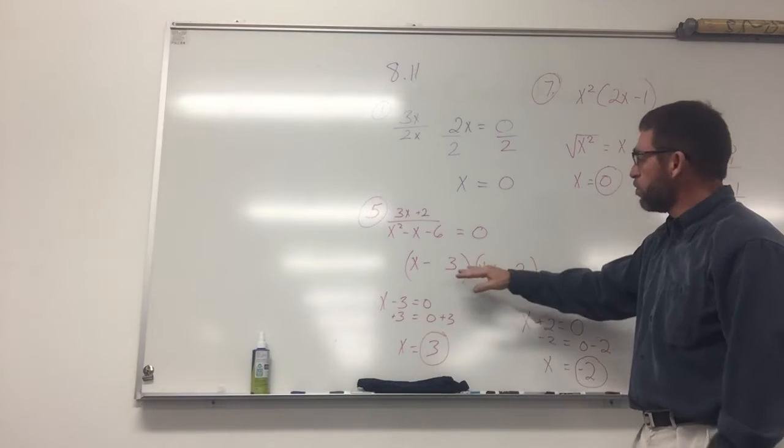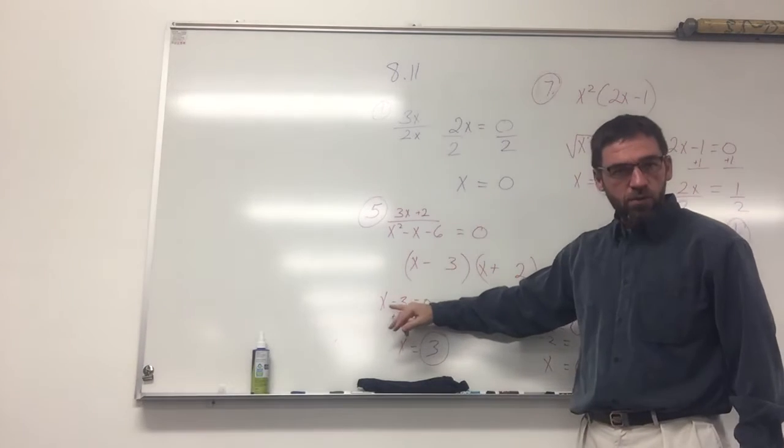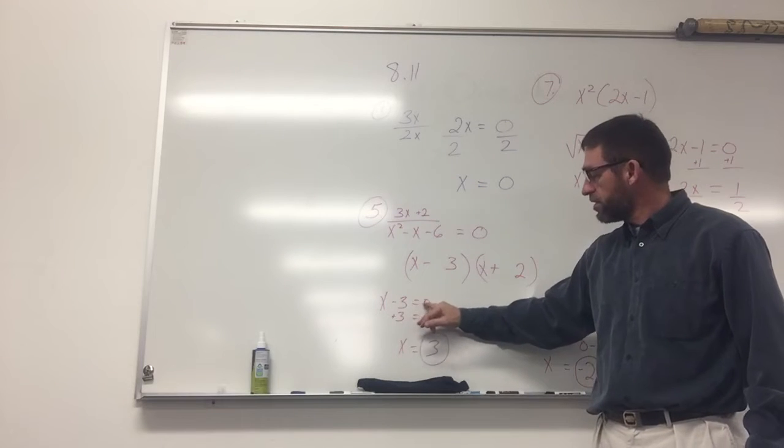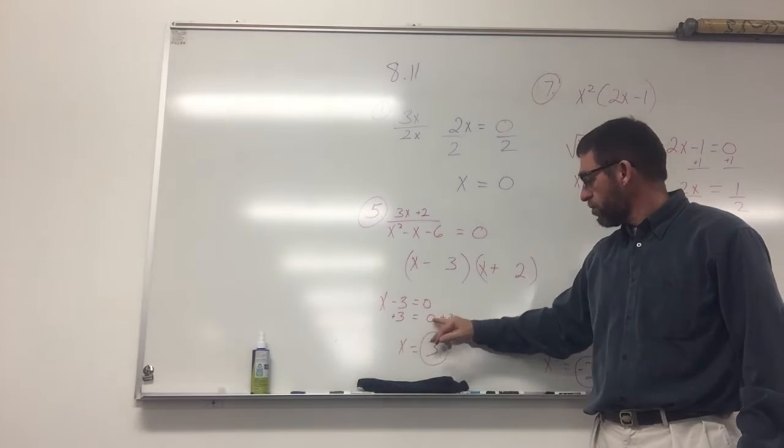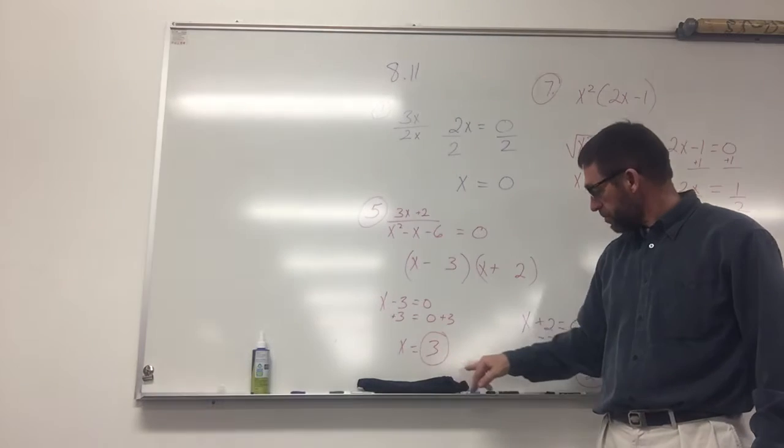So now you find the value of x minus 3, and I did that right here in a quick form. That's x minus 3 equals 0, so x equals 3 positive.